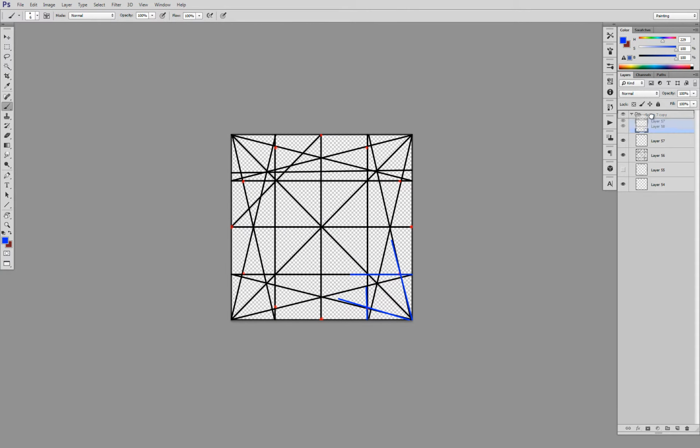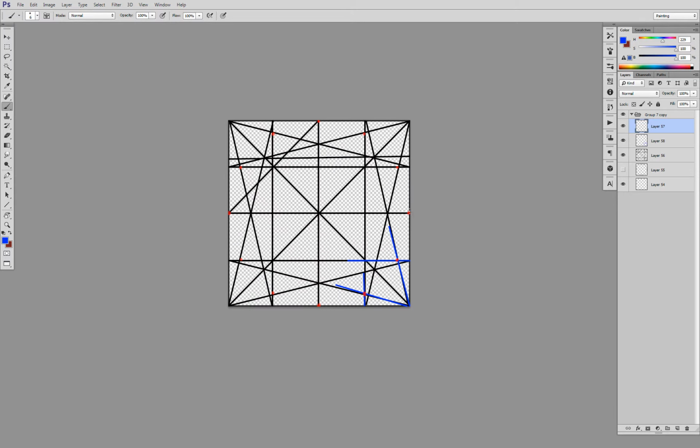Like that. And then what we do is we simply draw a circle that hits those points. And that'll be more or less accurate, as you can see.